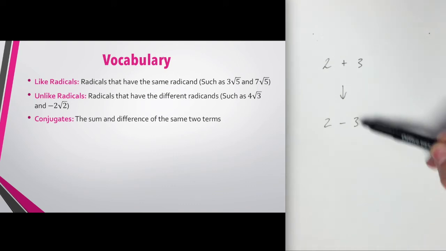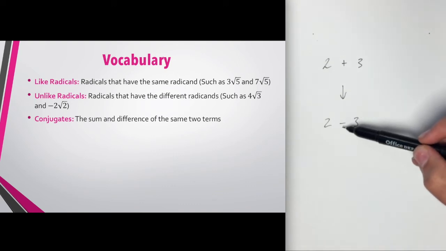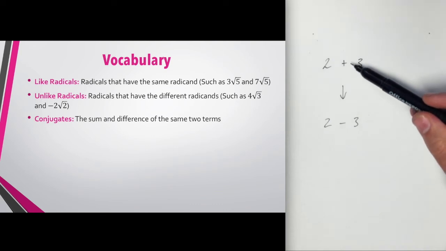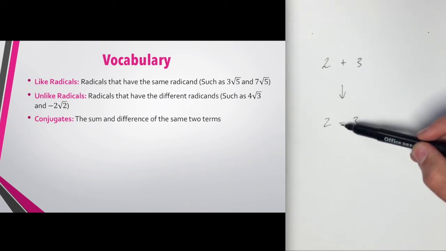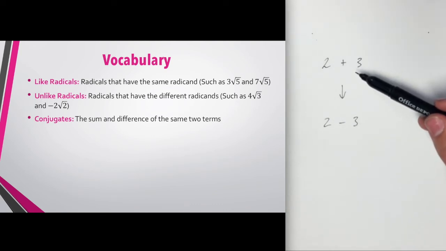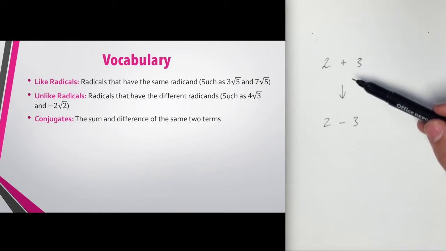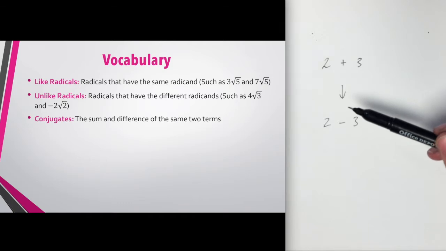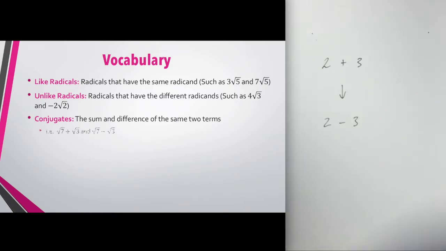The only thing that changes is the plus changes to minus. If it was plus, now it's minus. If it was minus, now it's plus. It does not apply to multiplication or division. It's just addition or subtraction. And we're going to use those in the last problem of the lesson.